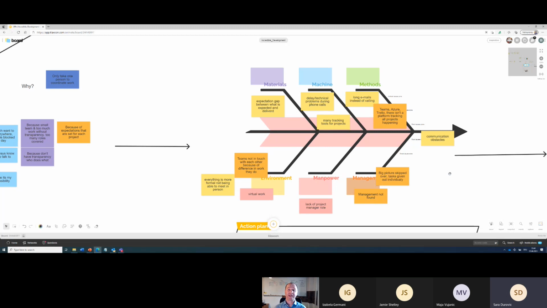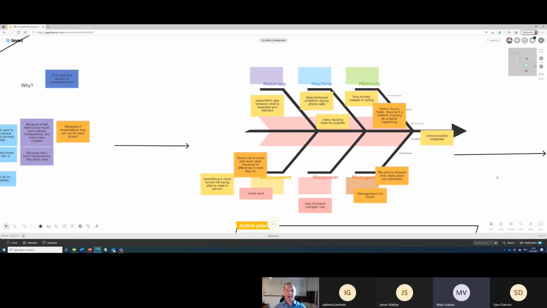Yeah, you can change the bones of the fish depending on the topic. Often, if it's a really open topic that I'm starting with, I'll just leave the bones blank and then group things together in affinity and then name a particular group or bone. But this is kind of a standard that tends to be quite useful to get people to think about the different aspects. Absolutely.